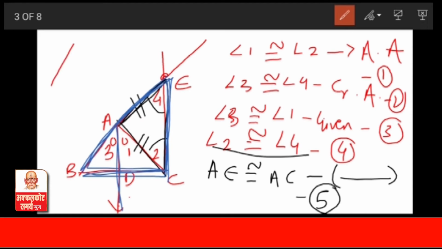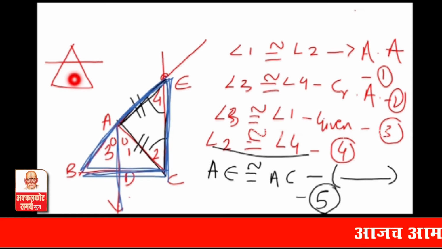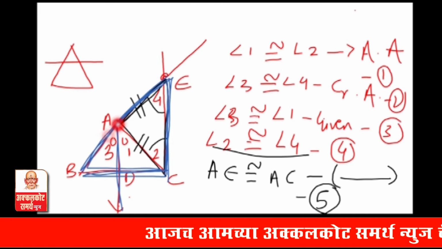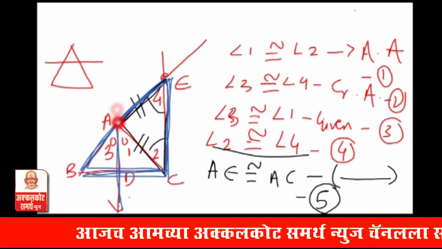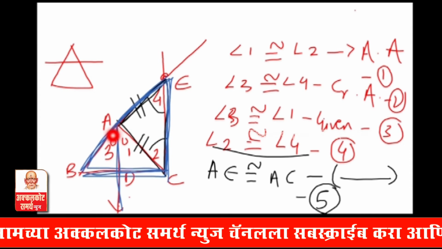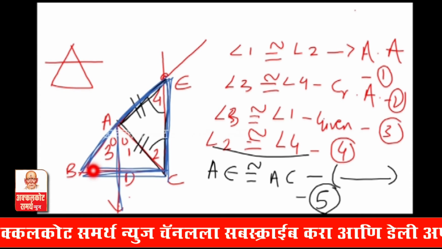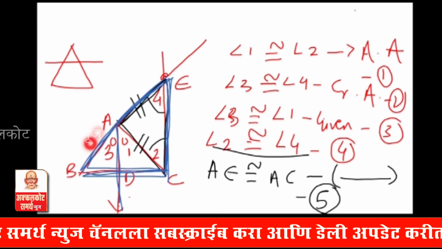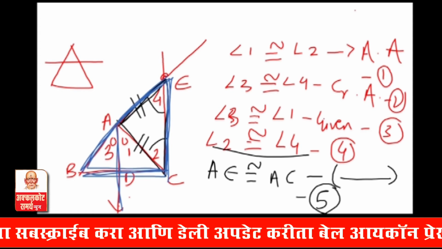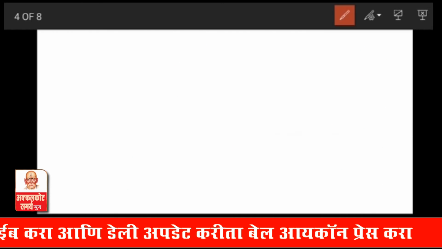Yesterday only I told you, basic proportionality theorem is like this. If this line is parallel to this, then this upon this is equal to this upon this. So here also the triangle is in this way. If this is parallel to this one, then this over this is equal to this over this. That is BA over AE is equal to BD over DC. You can get it. So write like that.